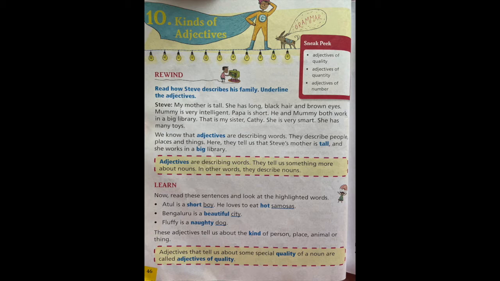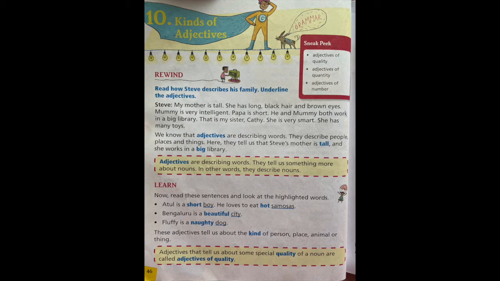So in the paragraph, Steve's mother is described as tall and she works in a big library. So these words in blue color, tall, big, and the ones which we underlined are all called describing words, which are in turn called adjectives.